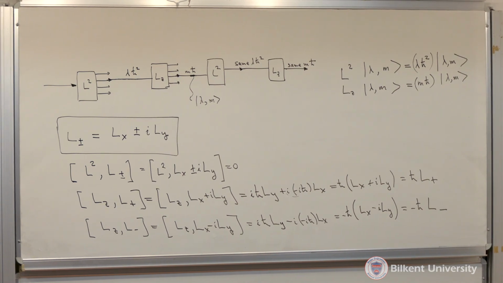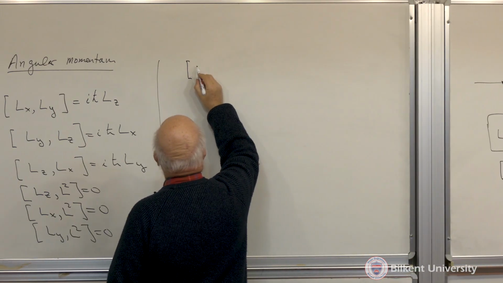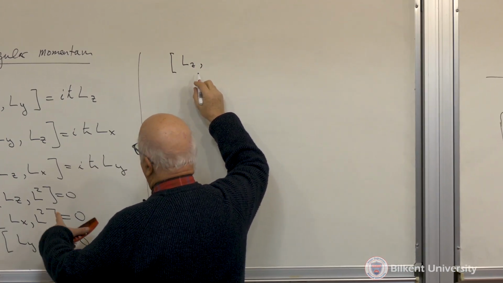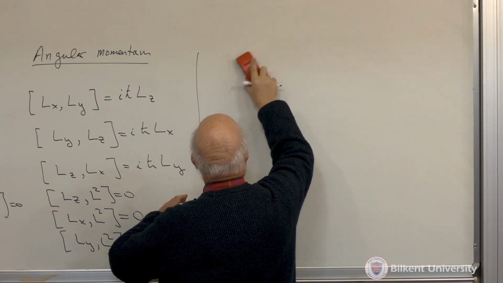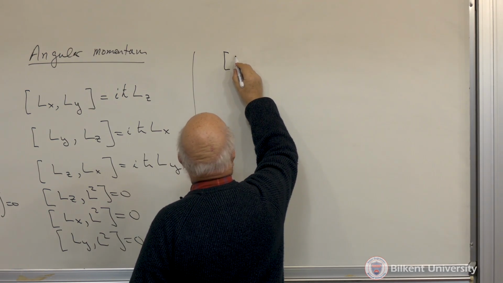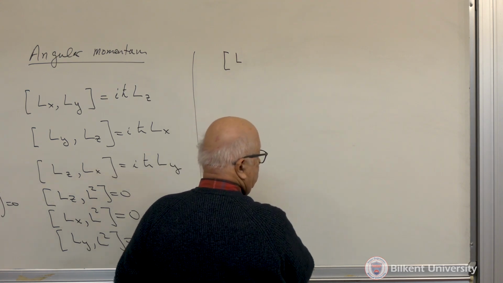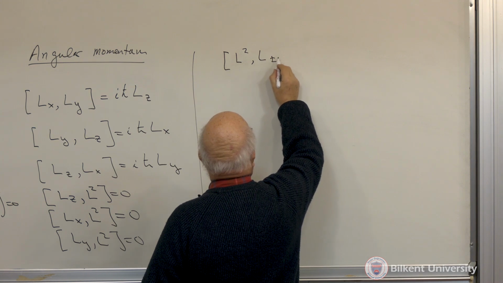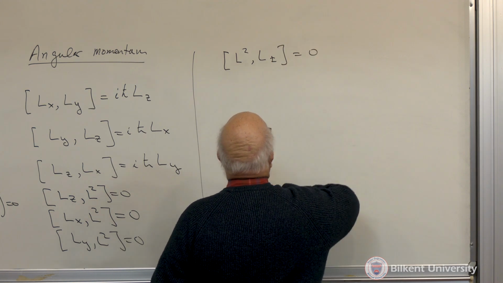We have found out that Lz commutes with L squared. I have already written those things, so let's just put these things down. L squared with L plus or minus is 0.